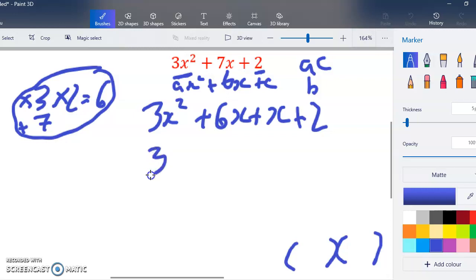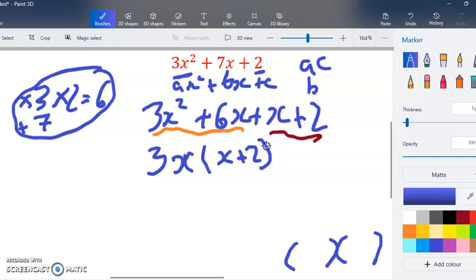Here, we're now going to factorize just this bit here, and then separately, we'll factorize this bit here. So the first one, I've got a common factor of 3x, and then we've got x plus 2 left over.